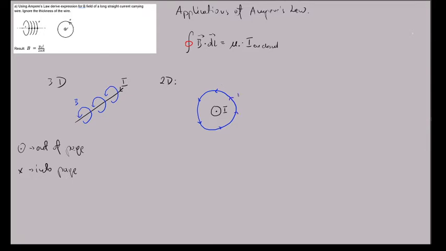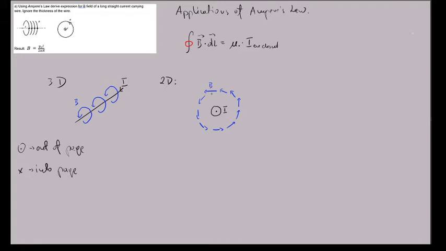This is B. Now in reality, if I were to draw this properly, I should draw this magnetic field like this, and then it just loops around, so the magnetic field is tangential to the circle everywhere. Here's your magnetic field, and this is what it does.